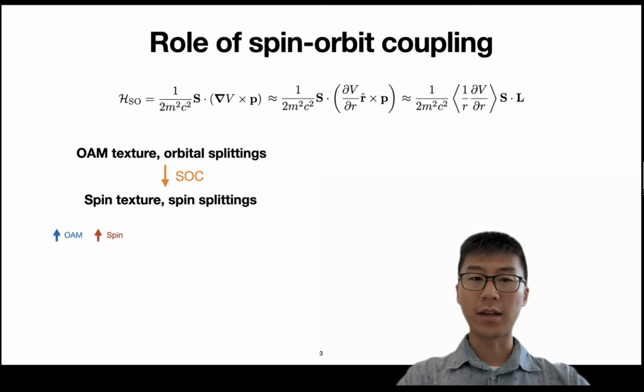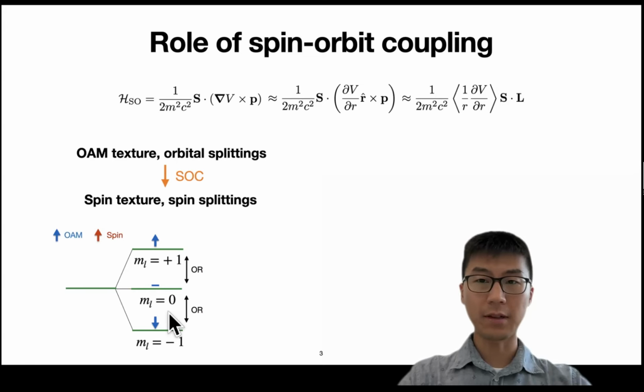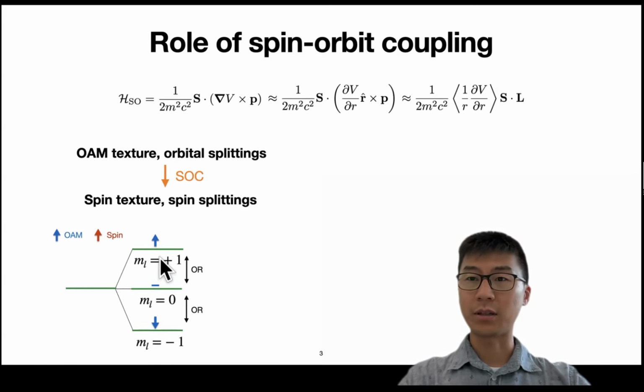As an example, let's take a look at the case where we have orbital splittings with orbital angular momentum texture by the Rashba effect. We first have inner splittings of orbital levels depending on orbital chirality in momentum space, as we learned in the previous part.